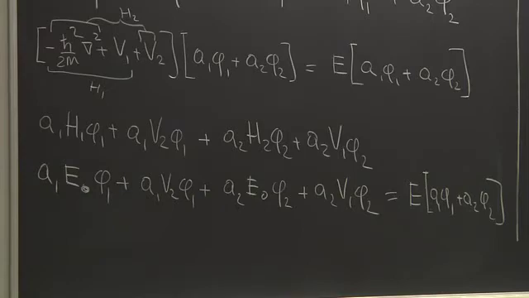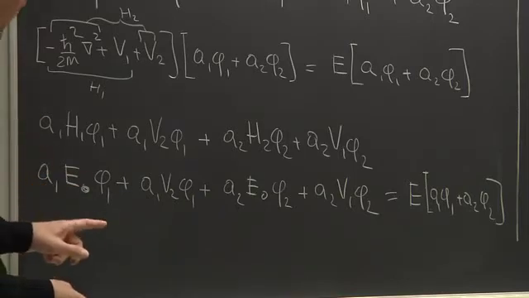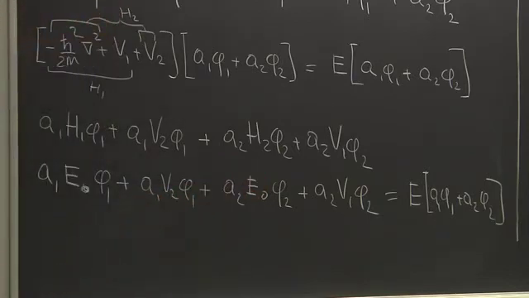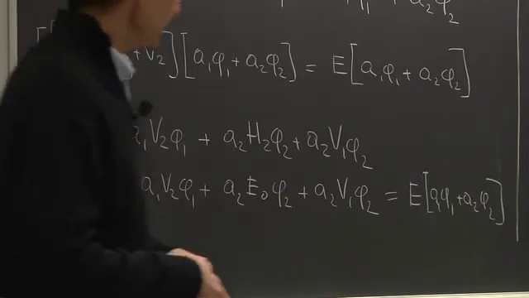But let me try, instead of looking at the equality at a given point, which will give me an equation between numbers, let me do something else. Let me try and extract out of this equation between functions two equations between numbers. And the way I do it is the following.